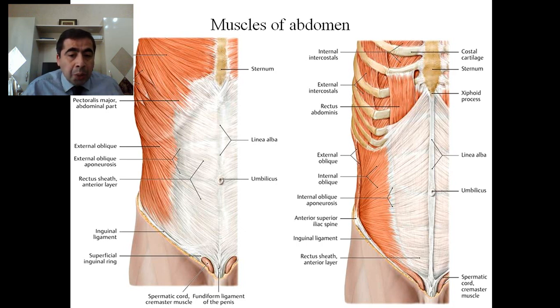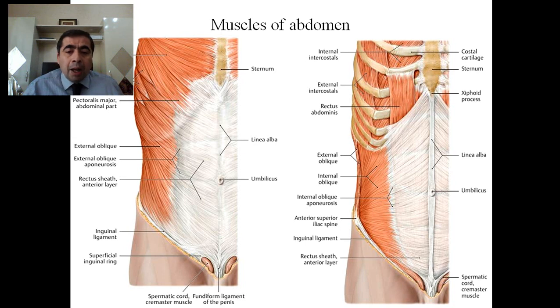The anterior layer of the aponeurosis passes and takes part in the anterior part of the vagina. The posterior layer takes part in the posterior part of the vagina. But this is true only for the upper third of the vagina.